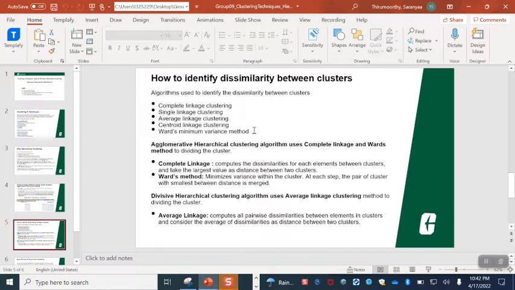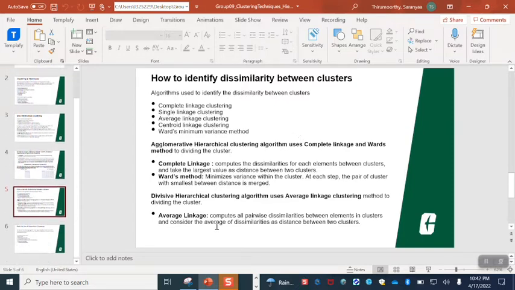Among these different techniques used to identify the dissimilar clusters, let's see what approaches are followed in the agglomerative and the divisive algorithms. For the agglomerative clustering algorithm, we use the complete linkage and Ward's method to calculate the dissimilarities between the clusters, and the divisive algorithm uses the average linkage method to identify the dissimilarities between the clusters.